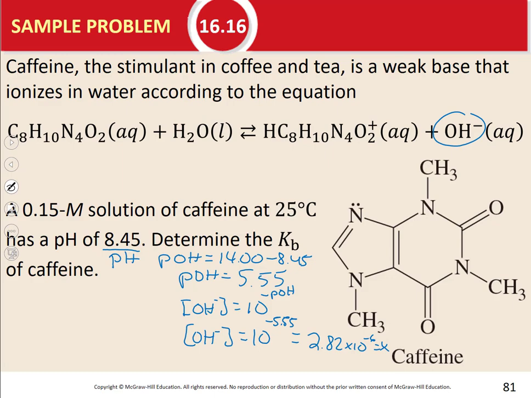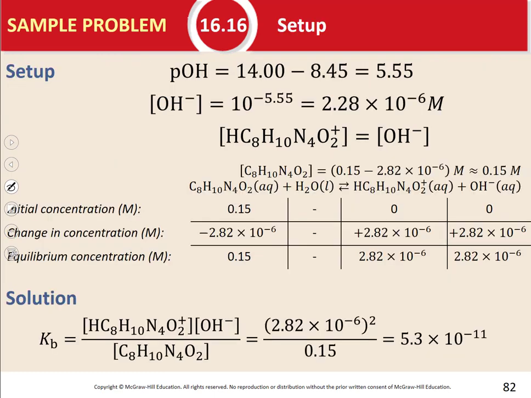When we plug that value of X into our ice table, notice that our starting concentration of caffeine was 0.15. When we subtract off what we found for X, our value is still 0.15. Why is that? It's so small.